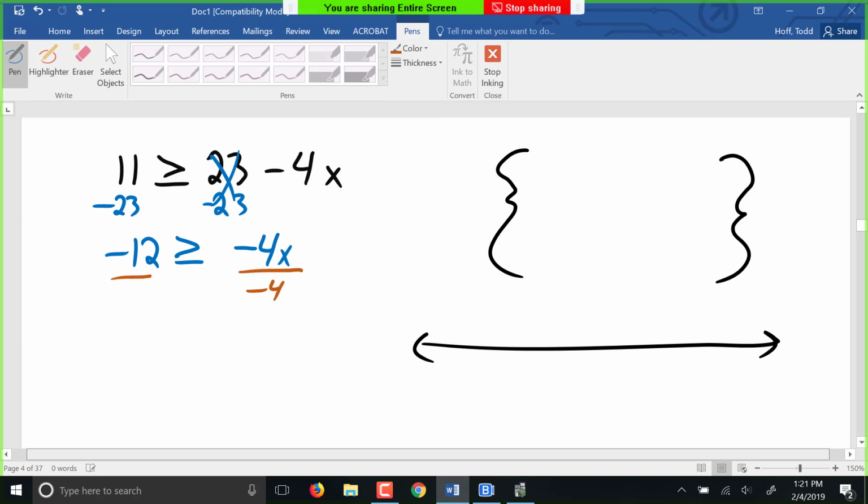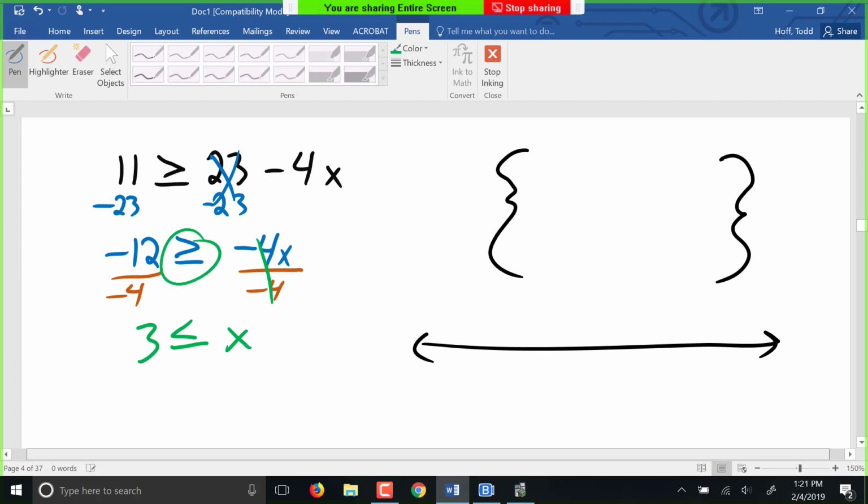What's our next step? We divide by -4. Perfect. What's that give us? Careful. 3 is less than or equal to x. Because we divided by a negative, got to flip the symbol.